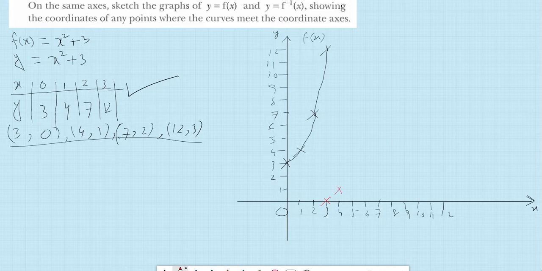And (2, 7) becomes (7, 2). And finally (3, 12) becomes (12, 3). Join these 4 points. Here we go. This is a 100% correct graph. And the mirror line is y equals x.